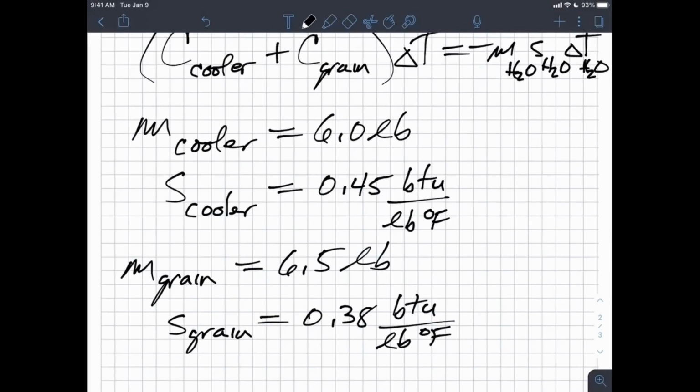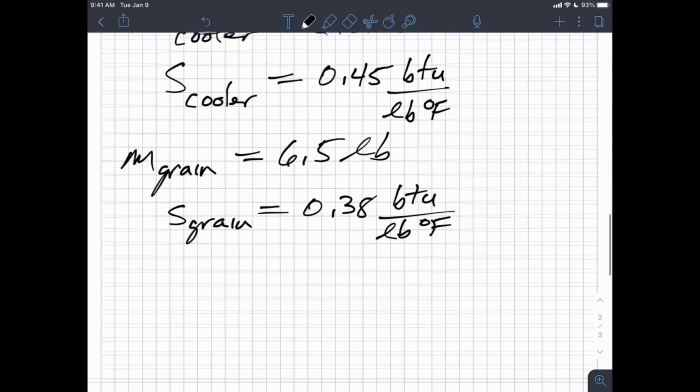Aren't we supposed to use the metric system? And yes, I realize that, but I've always brewed beer with English units. And so this is what we have.